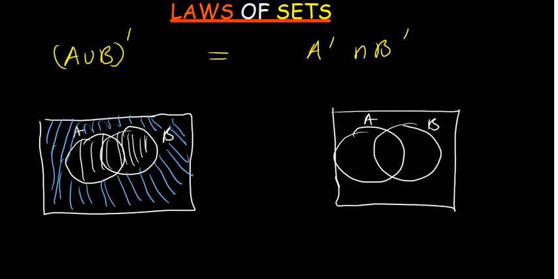Okay, like that. And then let's shade this one. A complement is what is outside A. So I'm going to put it in blue. And then we'll shade now B complement. I'm going to put it in red. What is outside B?